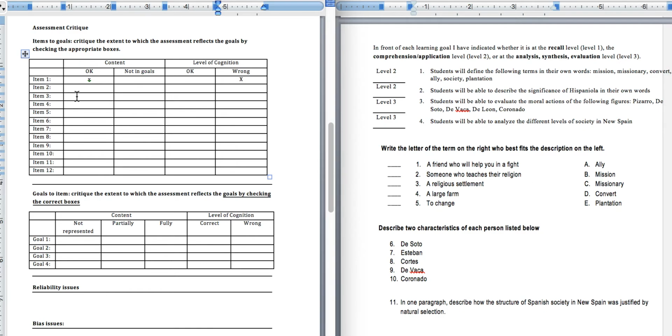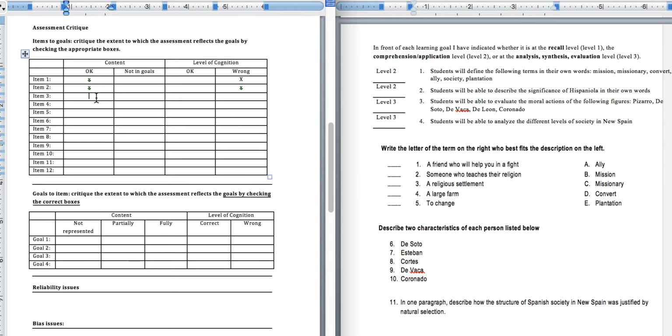That'd be a missionary. That's in the goals. Content is okay. But again, because that's how it's defined in the text, that is not the correct level of cognition, so it is wrong. In fact, as I go through each one of these, I find that, when I'm looking at the goals, well, mission, that's in there. Convert, that's in there.